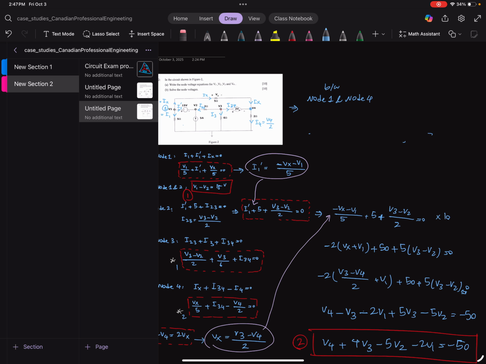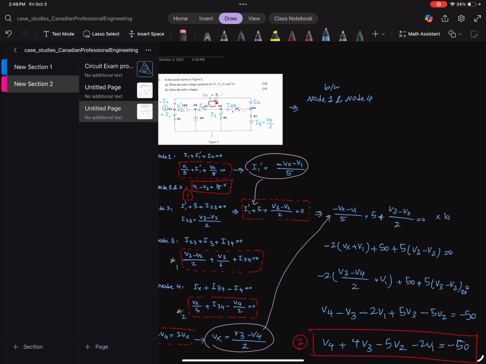So if we write that, because node 1 and node 4, on one side their voltage is basically Vx, right? On the other side, it's equal to 15 volt. Okay, this is kind of confusing unless we write it as a loop. I'm gonna go as a loop, like inside here, and then write the voltages.